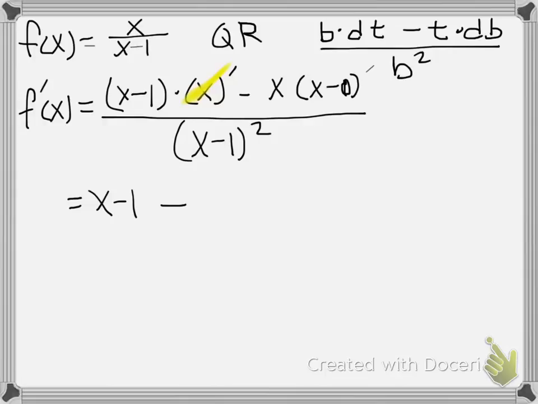And again, the derivative of x is what's inside, is just 1. So we're going to have minus x, because x times 1 is x, over, excuse me, over the bottom squared.